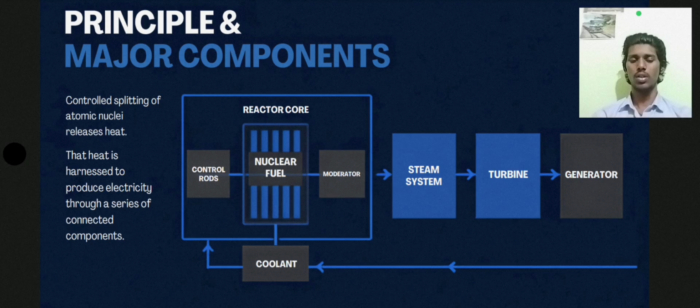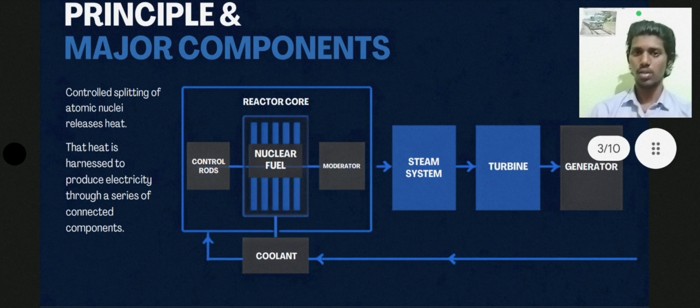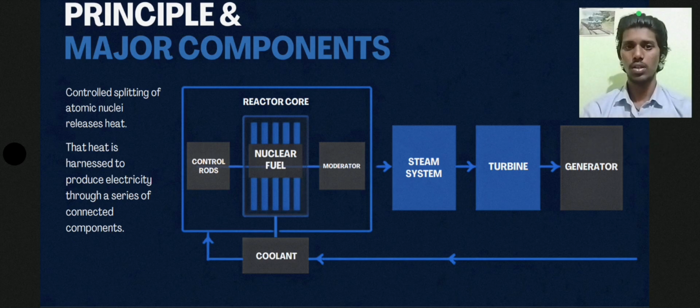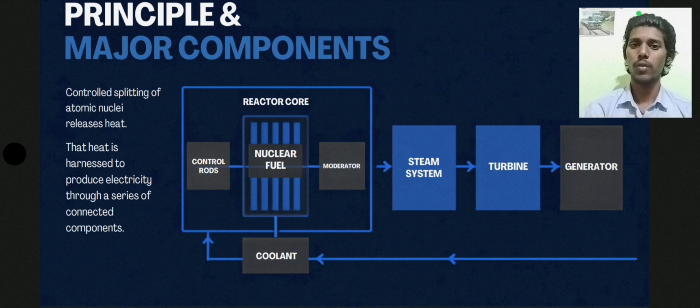Here are several components used in the reaction. First is the nuclear fuel, which provides the material for nuclear fission. Then there is a control rod.